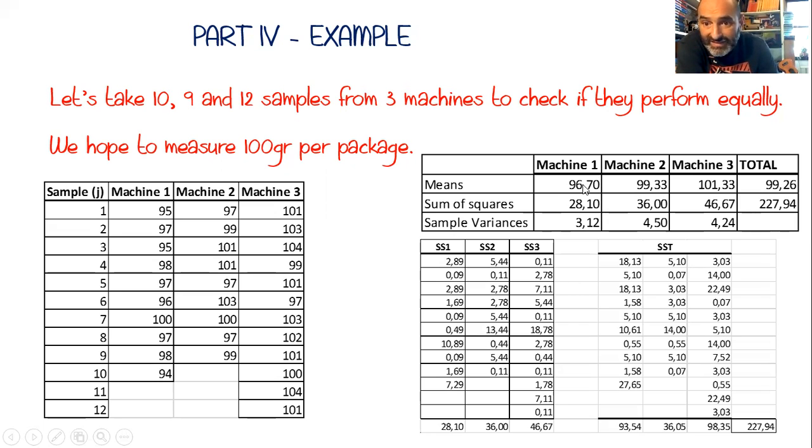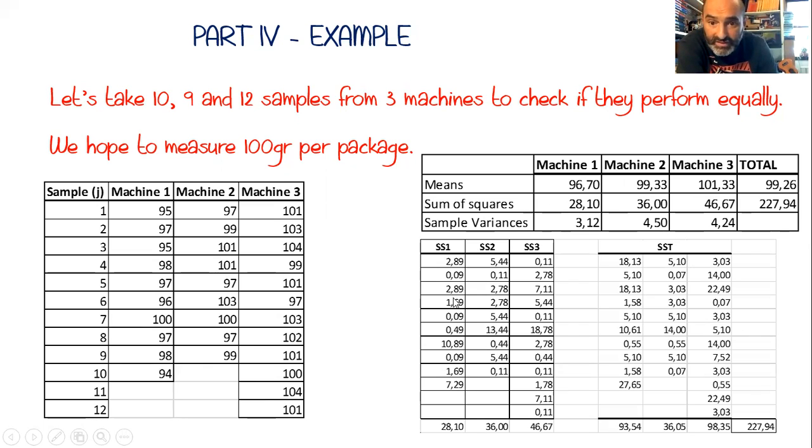This is 96.7 times 10 plus 99.33 times 9 plus 101.33 times 12, summed up and divided by 10 plus 9 plus 12. It's the weighted average, right? So that's your weighted average.